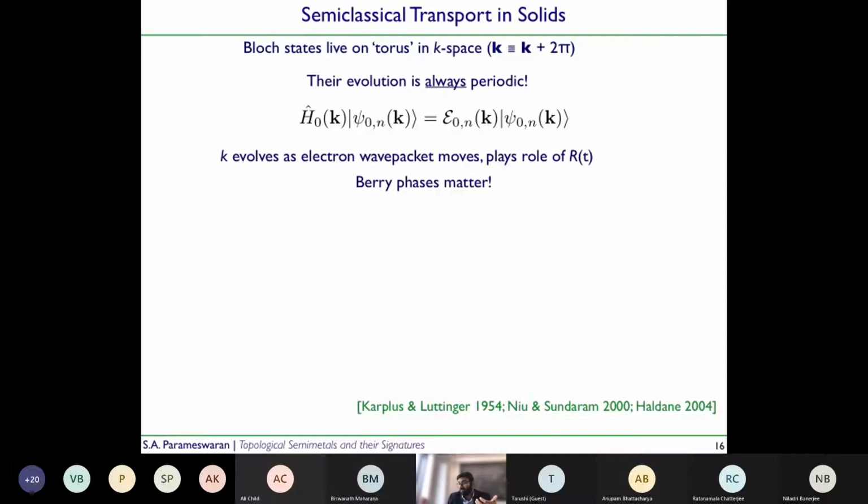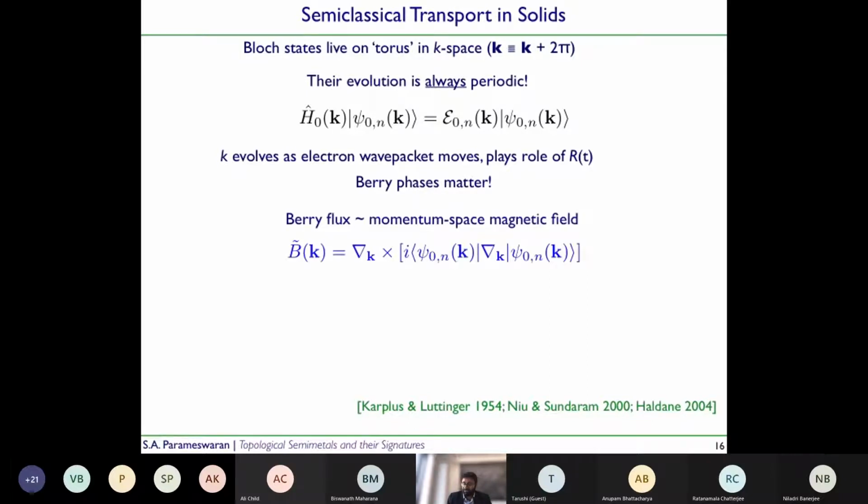But as k evolves, it's forcing the parameters of the Hamiltonian, and therefore the Bloch wave functions, to evolve in this Brillouin zone. But k itself is a periodic variable. So if I view this problem as adiabatic evolution, which is what I'm doing when I think about wave packet dynamics, then I have to worry about there being a non-trivial Berry phase.